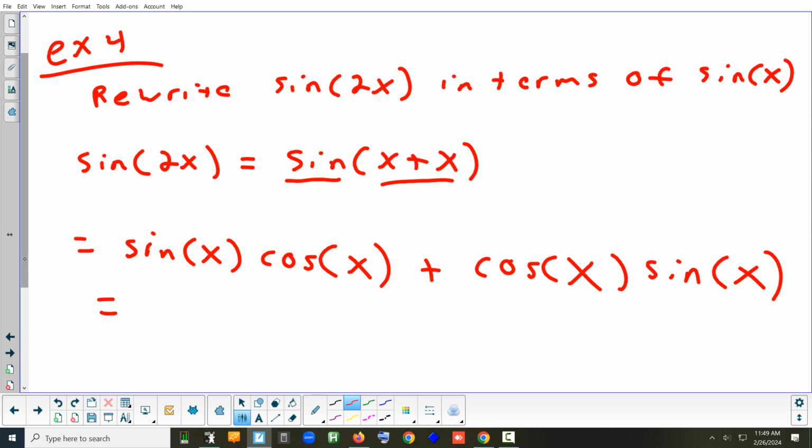Is it 2 sine x plus 2 cosine x? Not quite. Times 2 cosine. Well, we go right here. I thought it was plus 2.